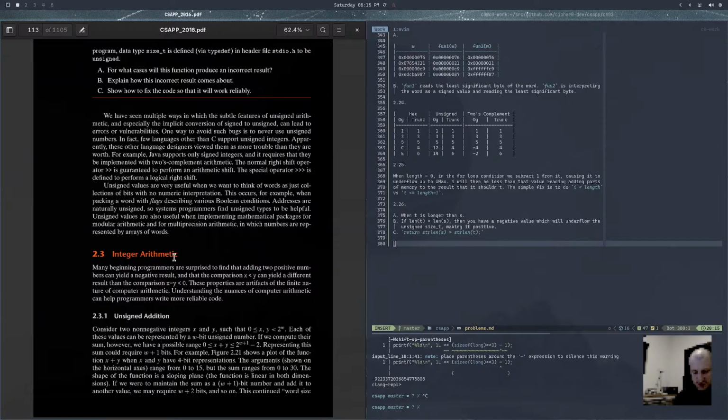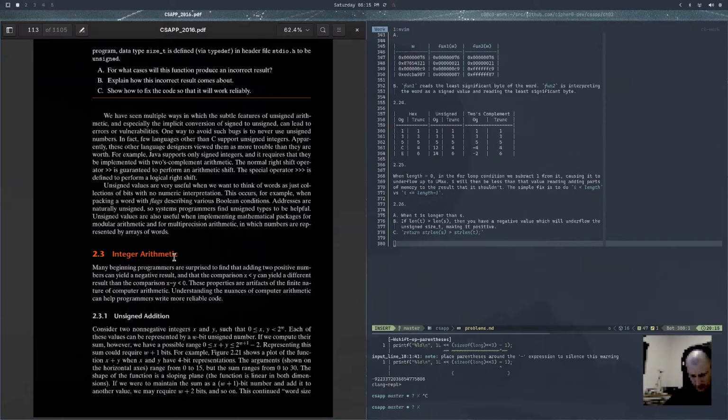If we compute their sum, however, we have a possible range of... I guess I'm kind of confused why we selected these values.